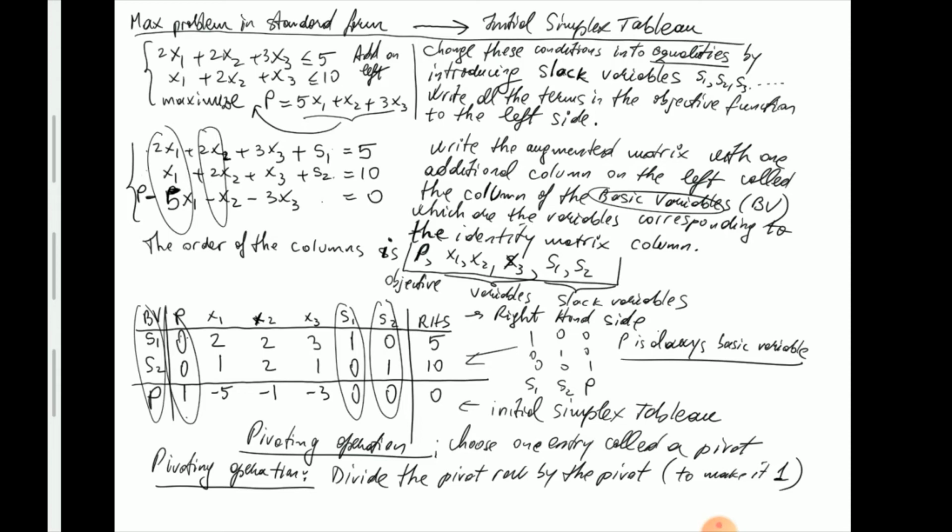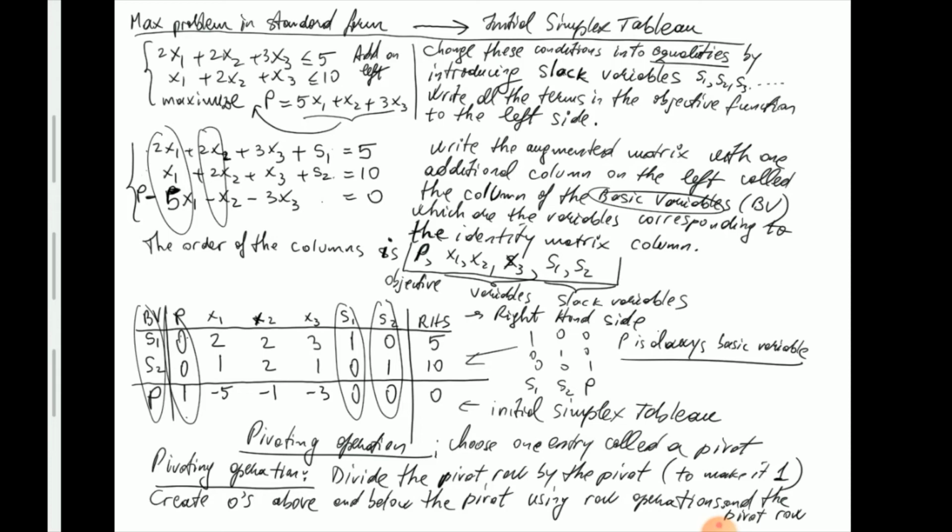So divide the pivot row by the pivot, and then create zeros above and below the pivot using row operations and the pivot row. So basically, you'll have to use the pivot row to create the zeros above and below.